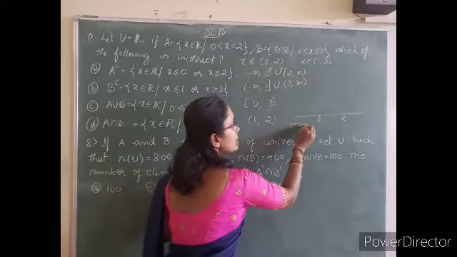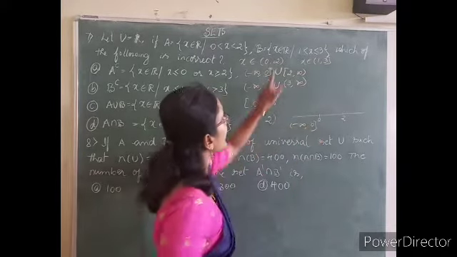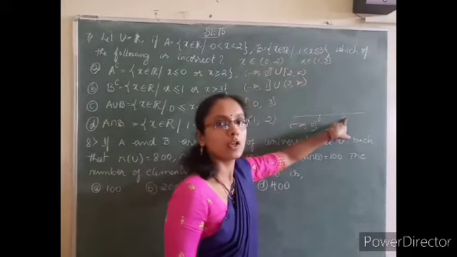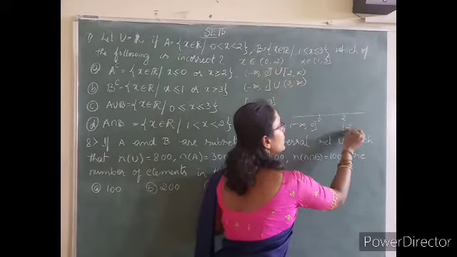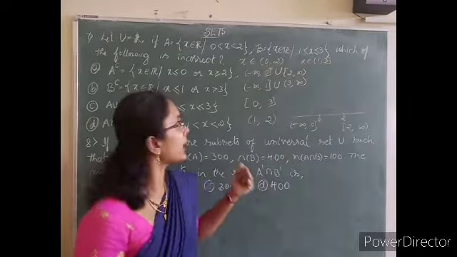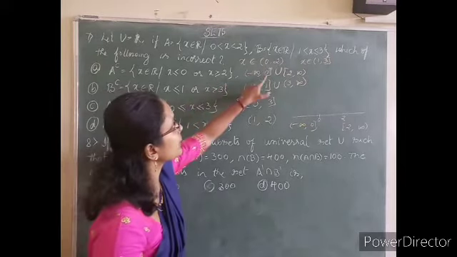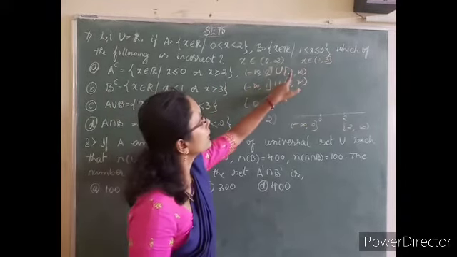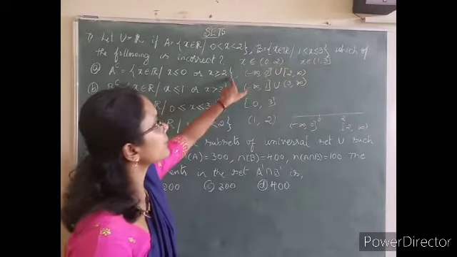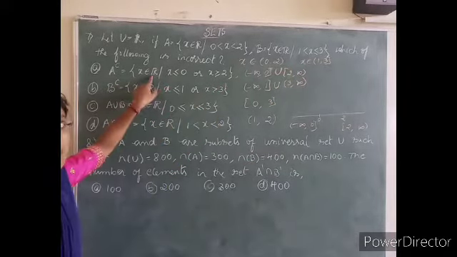And again 2 is not included in the set, therefore it is included in the complement, 2 to infinity. So this is the complement A dash: minus infinity to 0 with 0 included, union 2 to infinity with 2 included. Therefore this one is the correct statement.